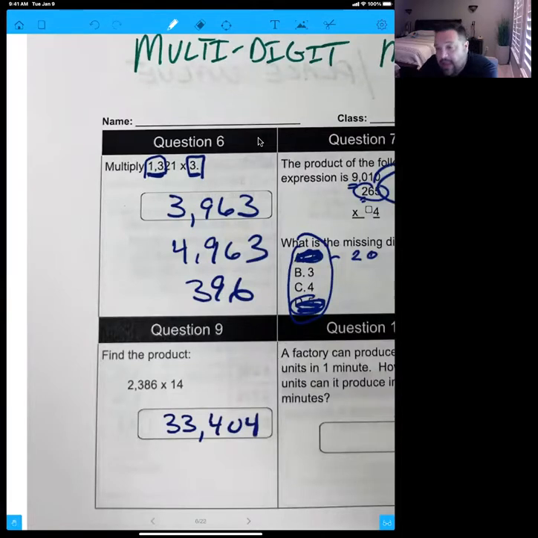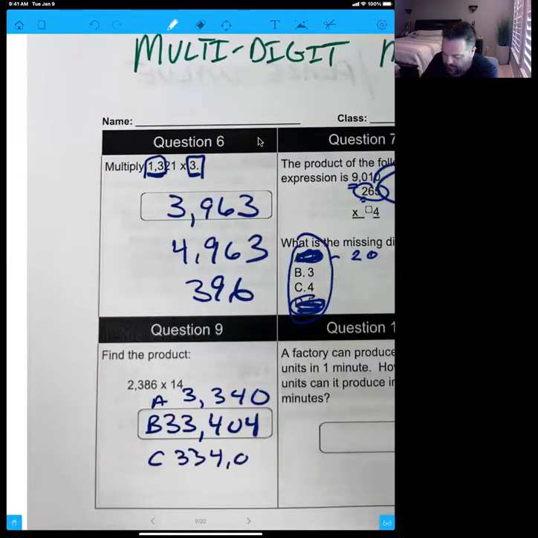33,404. With this, the choices will be A, 3,300, B, C will be 334,044, and D will be something else ridiculous.